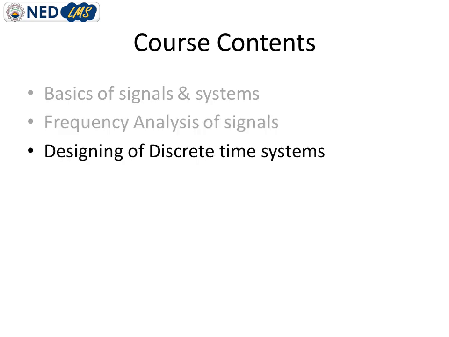Coming to the third major portion, which is designing of discrete time systems. In this portion we will first discuss general representation of discrete time systems. What are some common methods to represent discrete time systems? Either mathematical model, or block diagram, and so on.